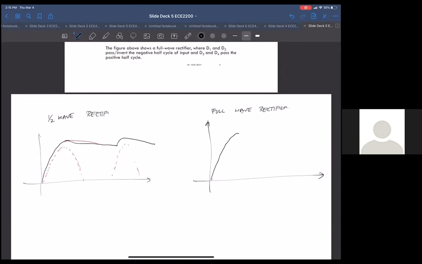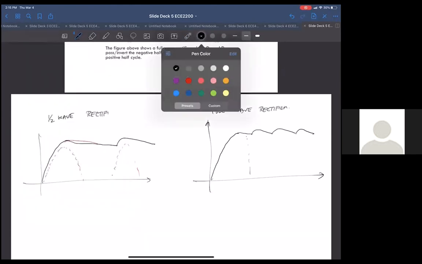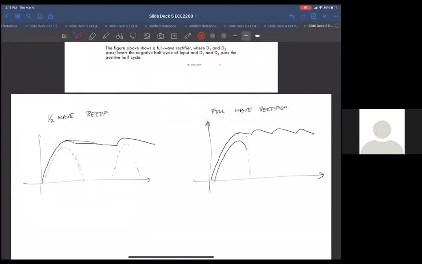So if I were to redraw it like this, it would look like I would get another pulse here, another pulse here, because I am basically following both plus and minus versions of Vn.